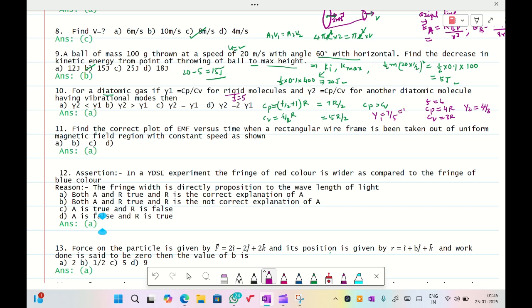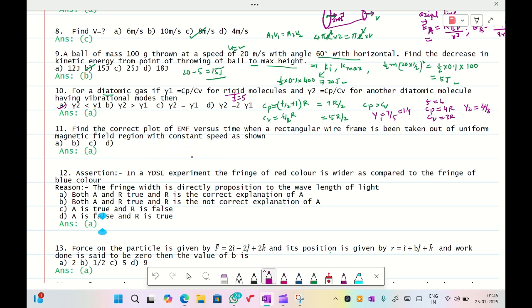So y1 is 1.4, y2 is 1.33, therefore y1 is greater than y2. So answer A is correct.